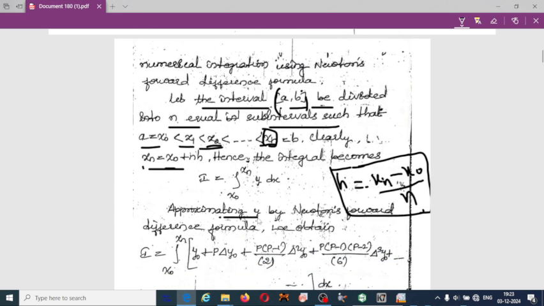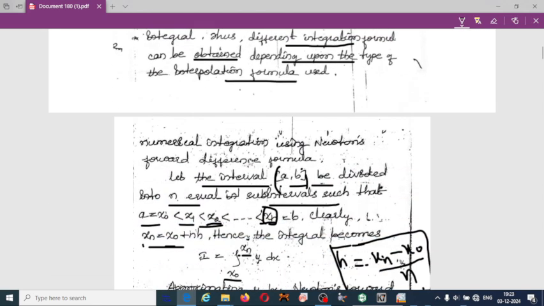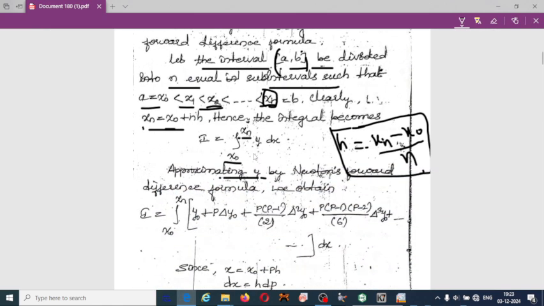Here is the general formula. We have to replace a and b with x naught and xn, and f of x as y equal to f of x, y dx, keep as it is.